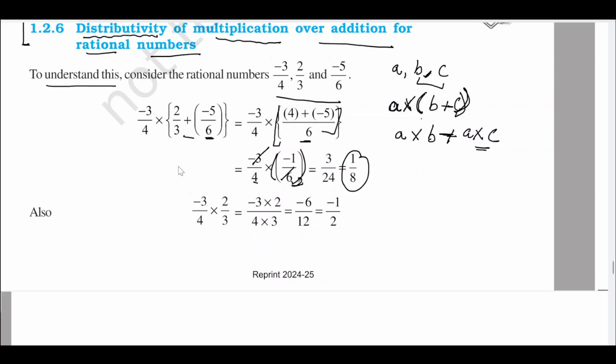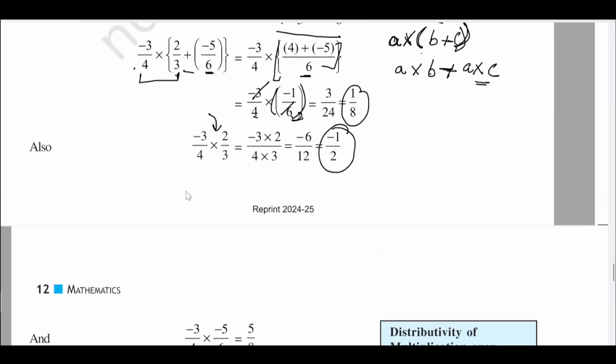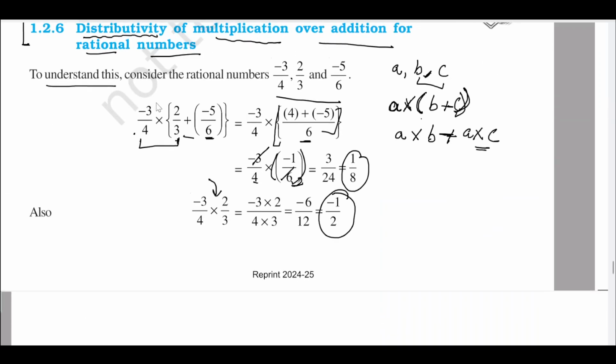Now, in this example we simply solved in the form of brackets, but here it is being distributed. Minus 3 into 2 by 3, how much? It is going to be minus 1 by 2. And similarly, minus 3 by 4 into 5 by 6.